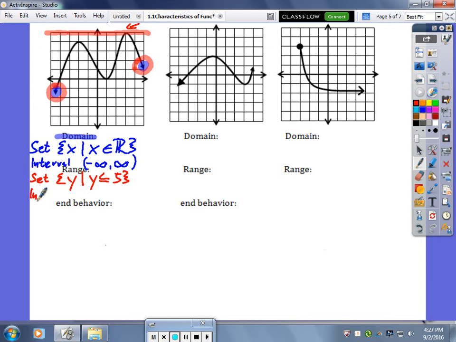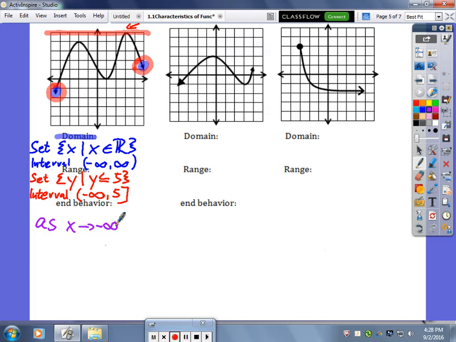And in interval notation, we will say open parentheses, negative infinity, comma, 5, closing brackets. 5 is part of our range. Now, let's look at our end behavior. As x goes to negative infinity, what happens?